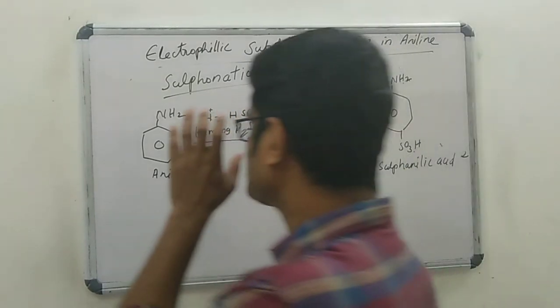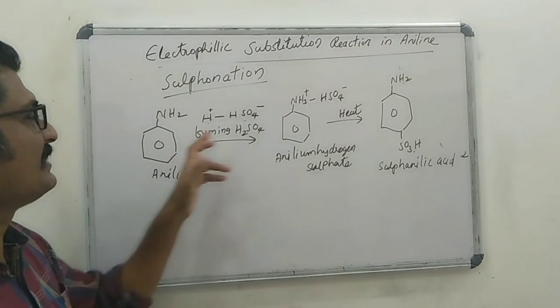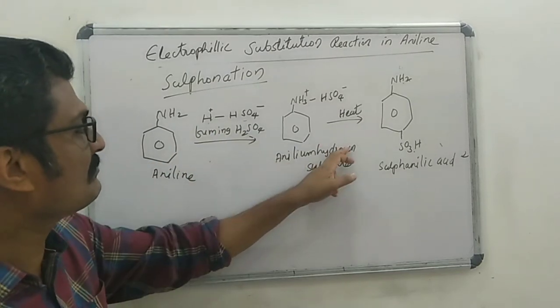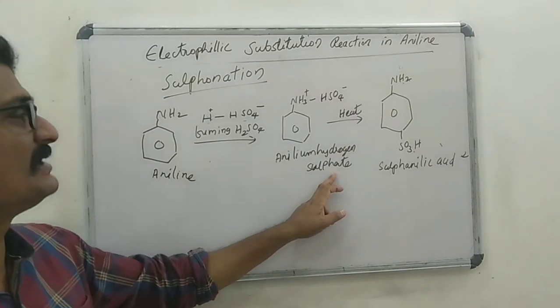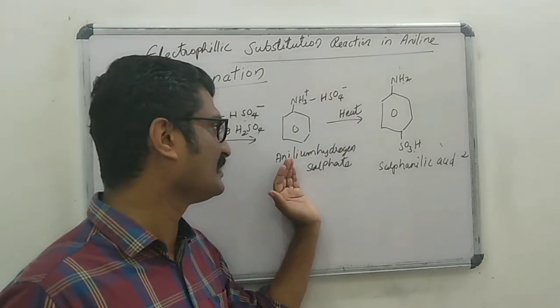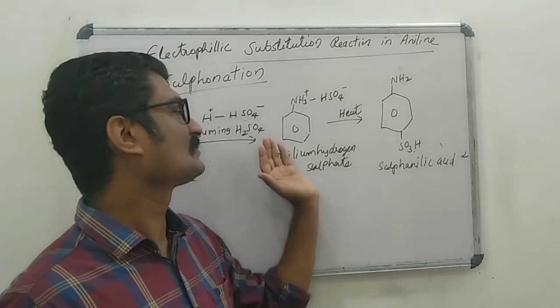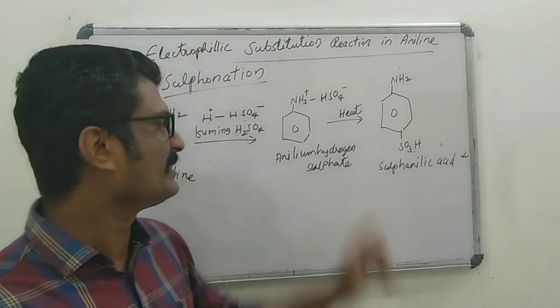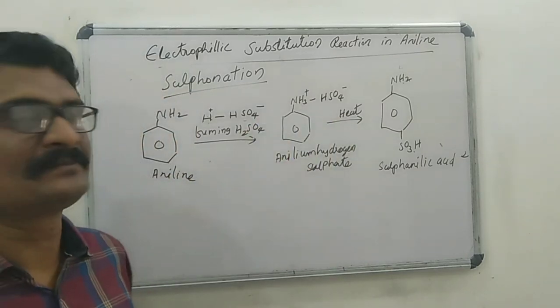Please listen. When aniline is treated with fuming sulfuric acid, it forms anilinium hydrogen sulfate. Then this anilinium hydrogen sulfate is converted to sulfanilic acid by strong heating.